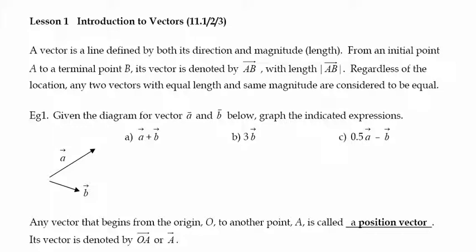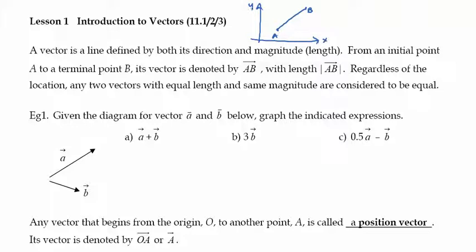A vector is a line defined by both its direction and magnitude, which is pretty much the same as physics, where direction is the angle that the line is going in, and the magnitude would just be the length of the line, from an initial point A to a terminal point B. So from one point to another on a graph, from A to B, on the x and y axes like this.